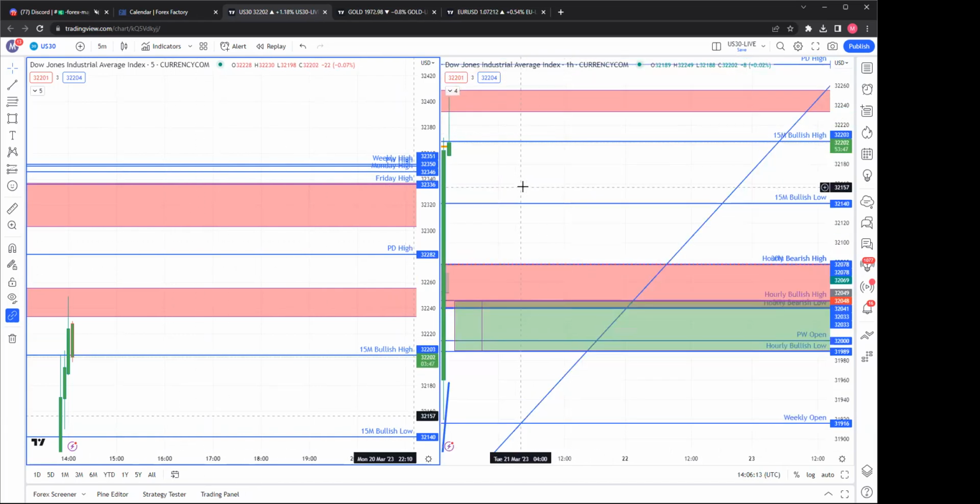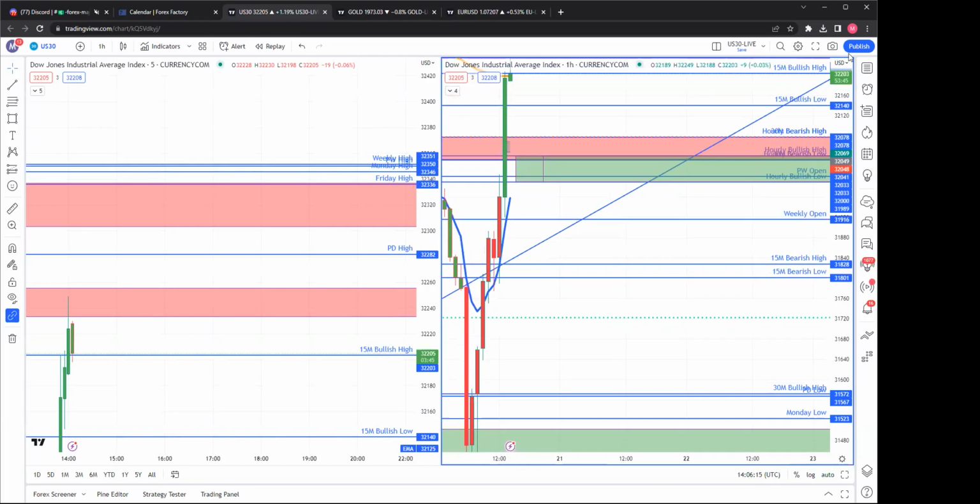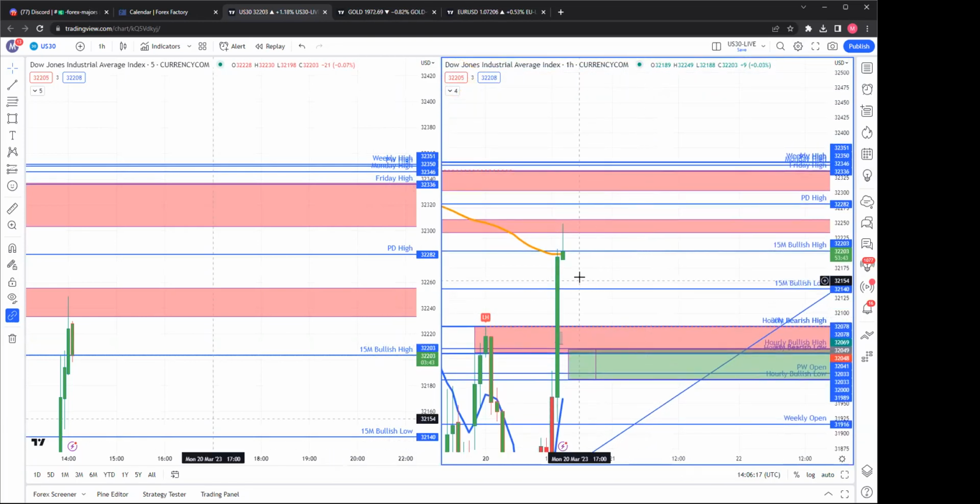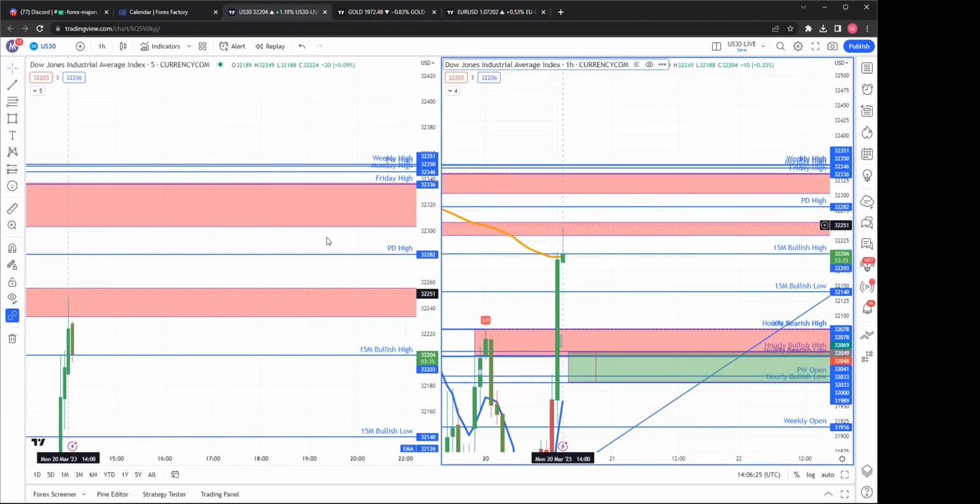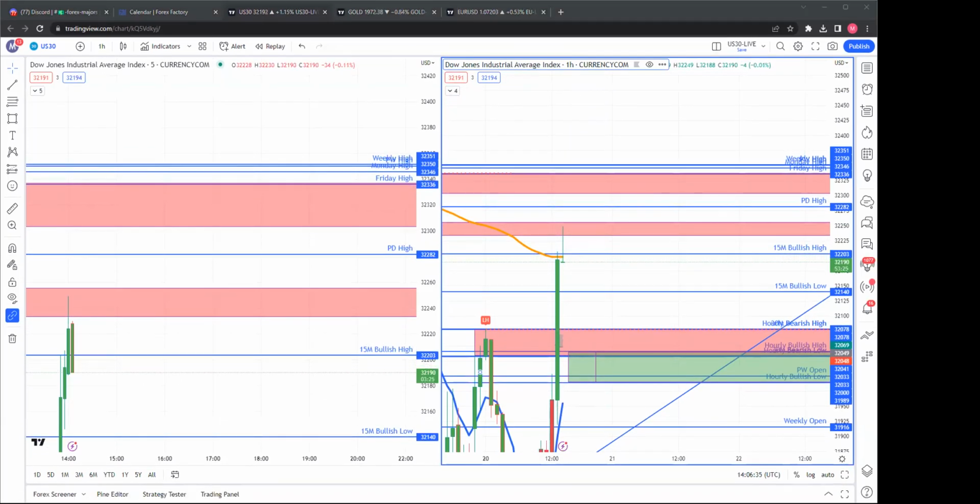So what I'm seeing here on the hourly, price closed below the 200 EMA on the 1 hour time frame. So I'm actually looking for this rejection right here, and it's rejecting from this supply zone marked up here. But this one would have to happen after the hourly close.